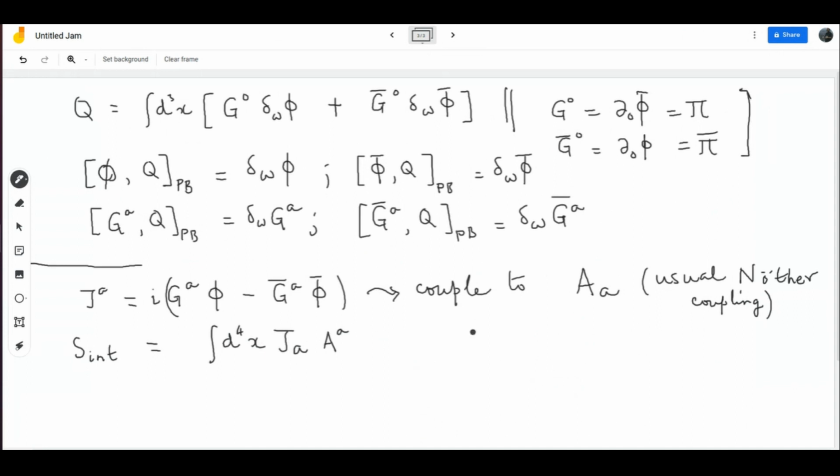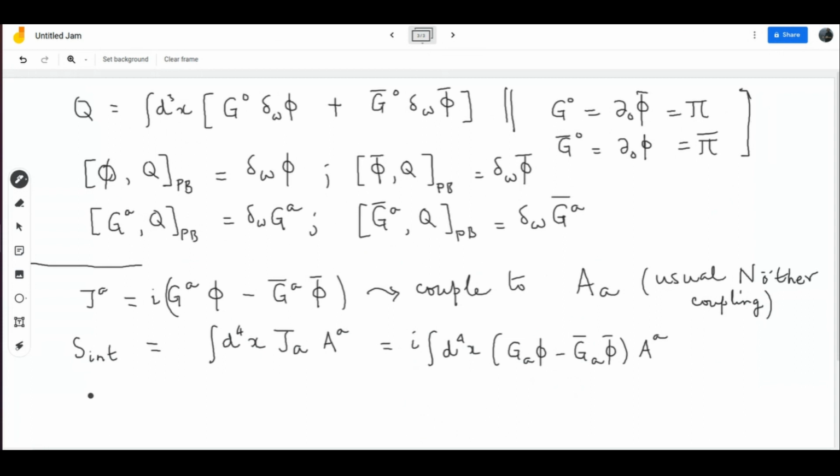And what this is, we can write down immediately: i integral d4x GA phi minus G bar A phi bar AA. Okay, so that's the kind of interaction we're going to introduce.